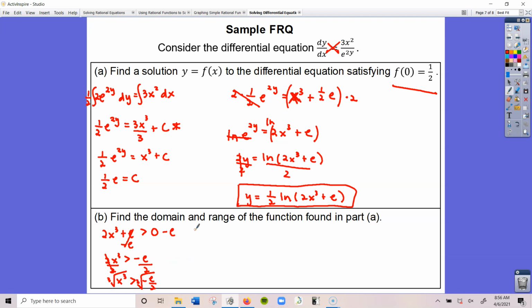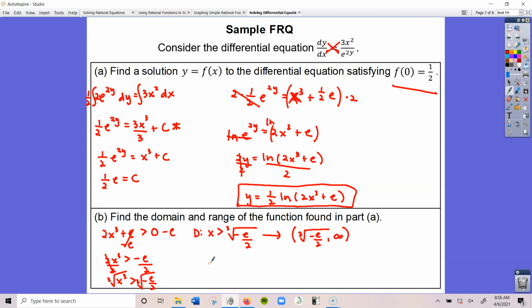So my domain would be for x is greater than the cube root of negative e over 2, which in interval notation, we could write as the cube root of negative e over 2 to infinity, since that means it's the right side of that value because it's everything that's greater than that number.